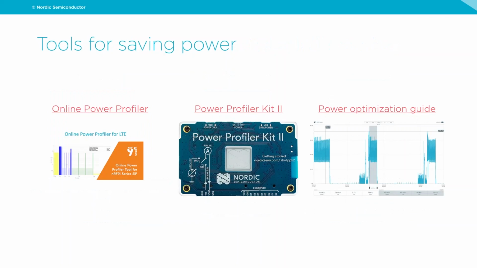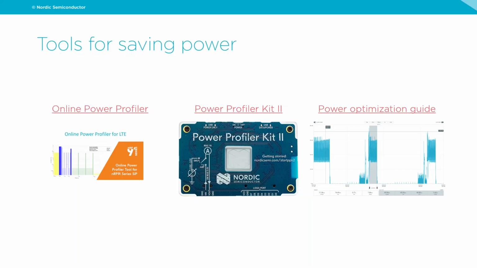Then I also want to mention all the cool tools we have for you to save power consumption and optimize power usage. First off, we have the Online Power Profiler. It's basically an online tool where you can input your use case and your network.